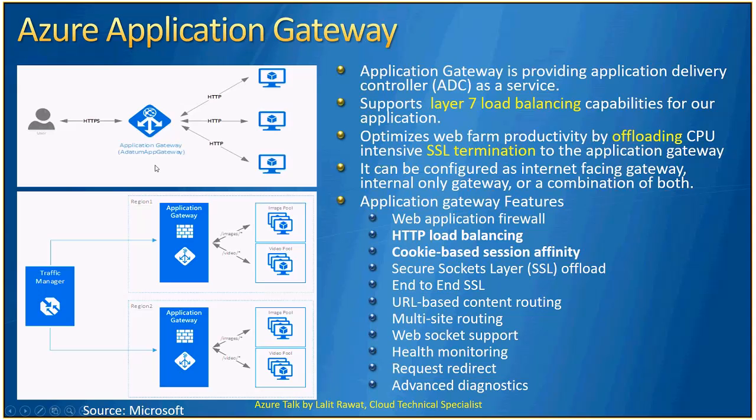So how will this application gateway work? Suppose you have an external user connecting through HTTPS to the application gateway, and you have 3 servers already configured behind it. The user sends the request to the application gateway, and based on your rules, firewall, and the port or IP address you are allowing to connect, it will route your traffic to those 3 servers.